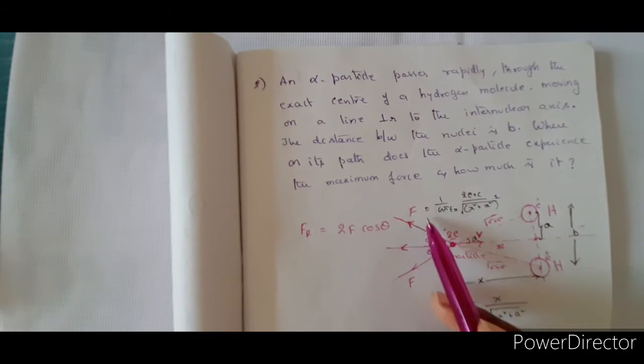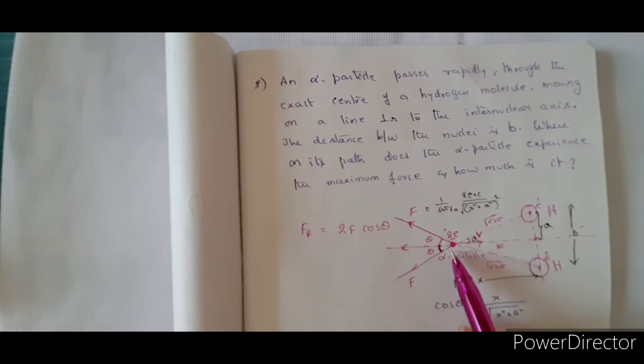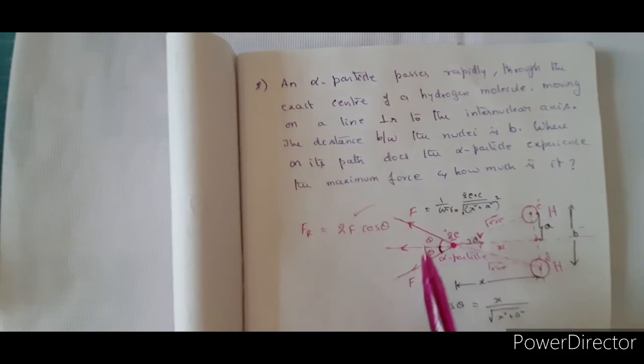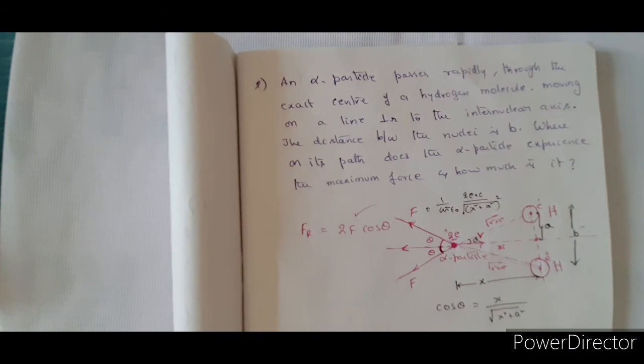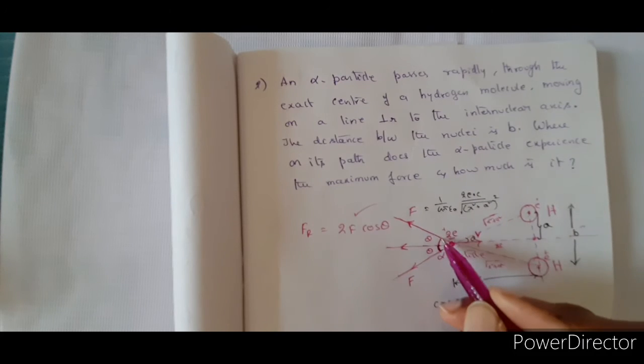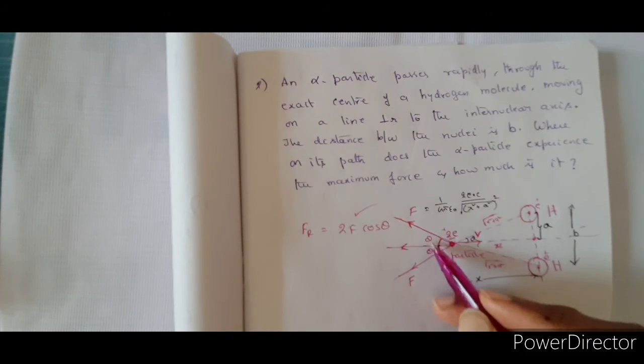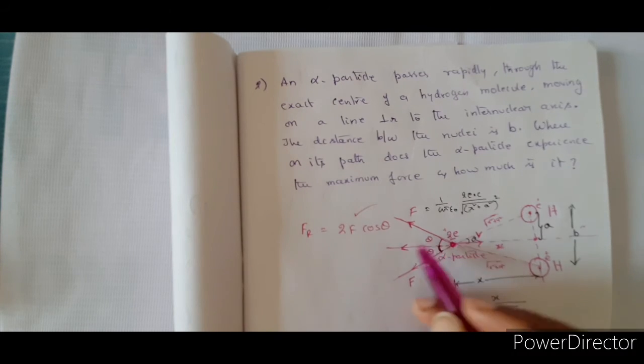So two equal forces acting on a body at a point simultaneously, then the resultant is always given by 2F cos theta by 2, where theta is the angle between the two. Let us for simplicity imagine that this angle of separation is 2 theta. 2 theta by 2 is theta.